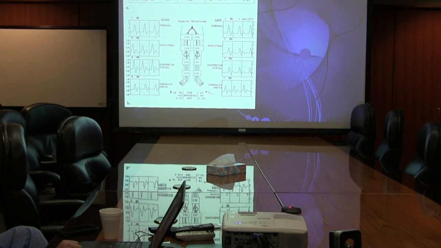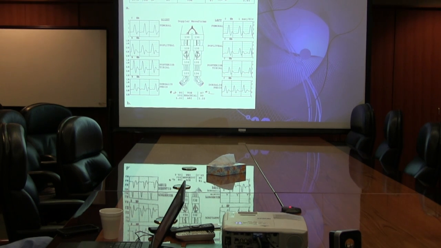Here's a case of a patient. So let me set this up. This is a 70-year-old male who comes in. He lives on a farm, he has a long driveway to his mailbox, but by the time he's at his mailbox, he has to stop and rest for several minutes because he has calf pain.